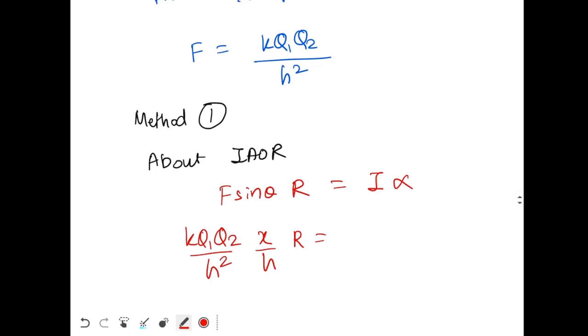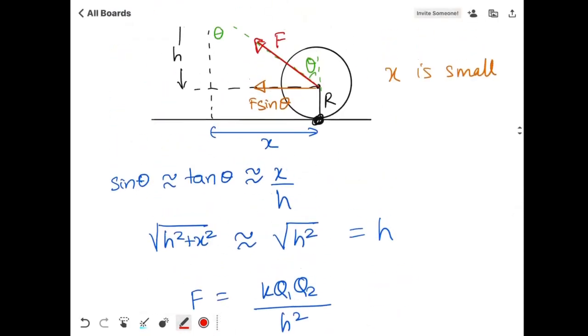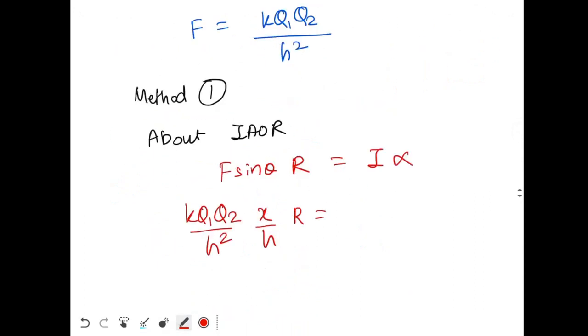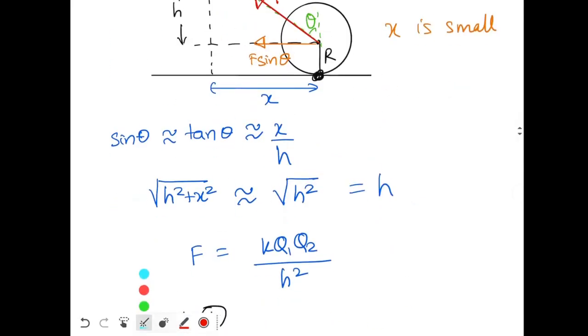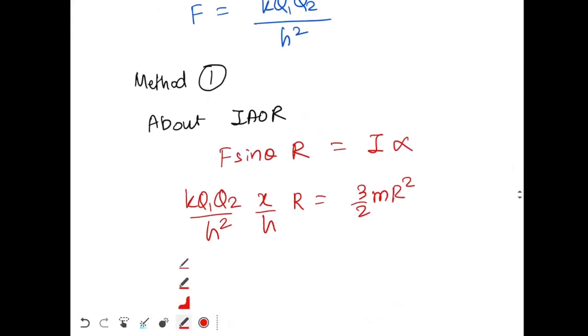I about the instantaneous axis of rotation will be, since it is a disk, 3 by 2 m r square. And what about alpha? The center of the disk has acceleration ac, then alpha can be written as ac by r. So r will get cancelled out.